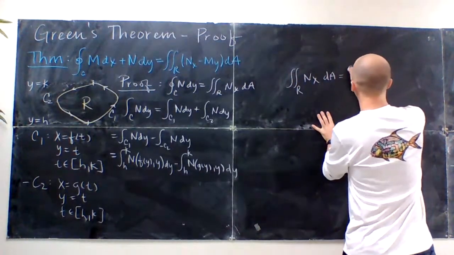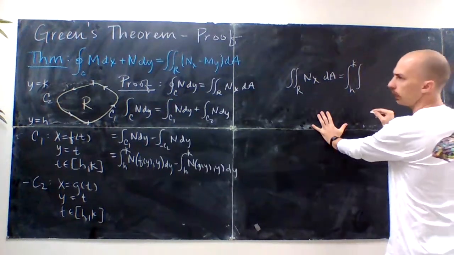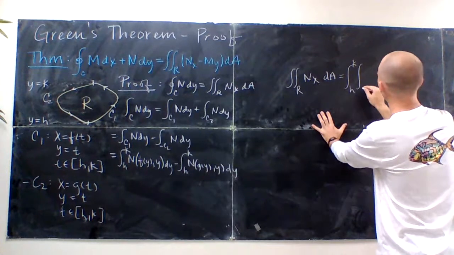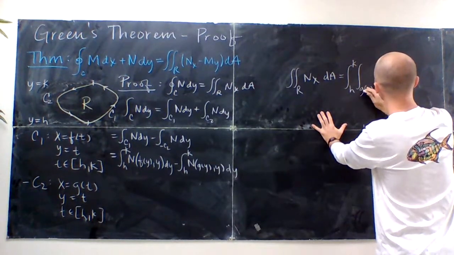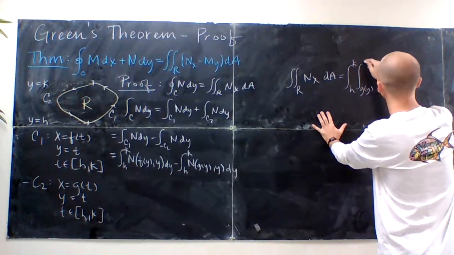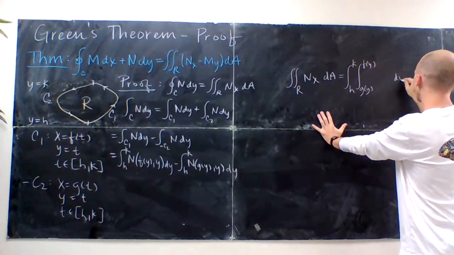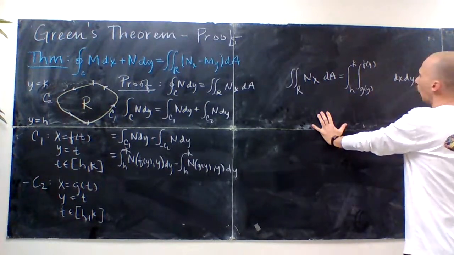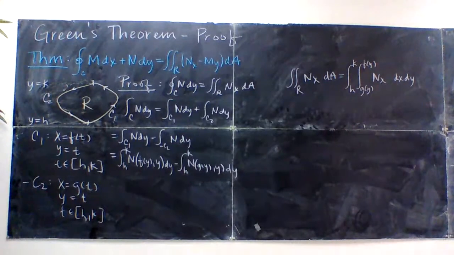Okay, so y is running from h to k, x is running from g to f. And we're going to integrate dx and then dy. And then nx is still the partial derivative of n with respect to x.